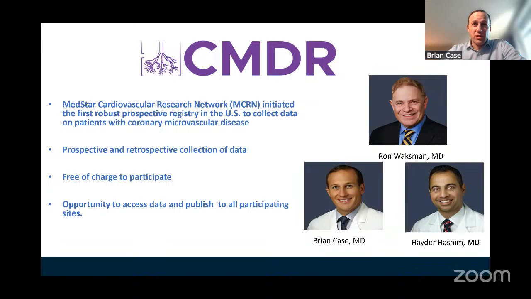It's an international registry. We're following patients both prospectively and retrospectively. We have about 350 patients in our registry at this moment. It's free of charge to participate, and we certainly welcome your healthcare system to join our registry once you get up and running fully.